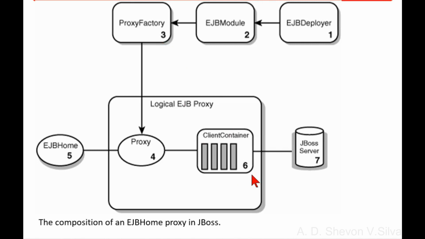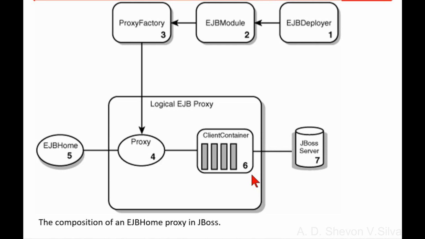The client container state consists of an invocation context, org.jboss.invocation.InvocationContext, and a chain of interceptors, org.jboss.proxy.Interceptor.